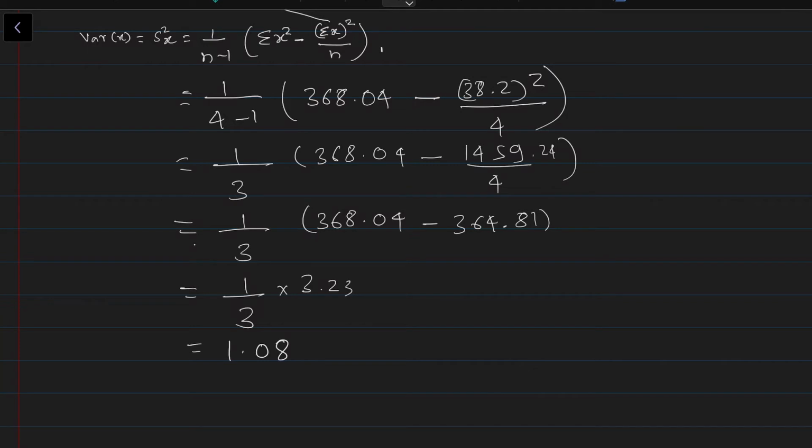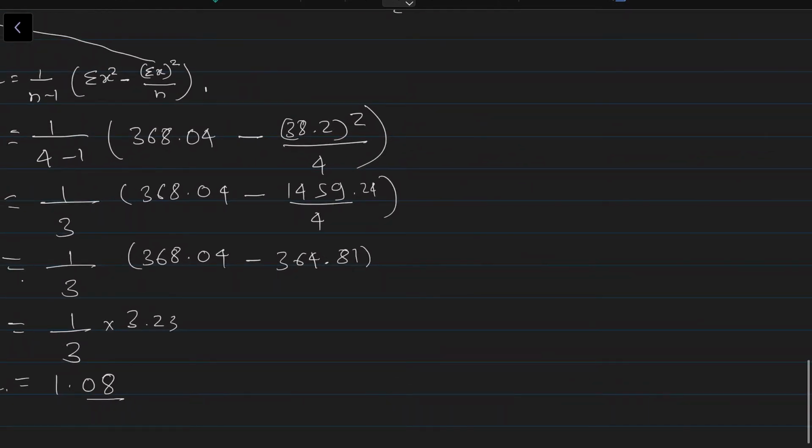I'm just rounding the final answer to the second decimal point. That's variance of x.